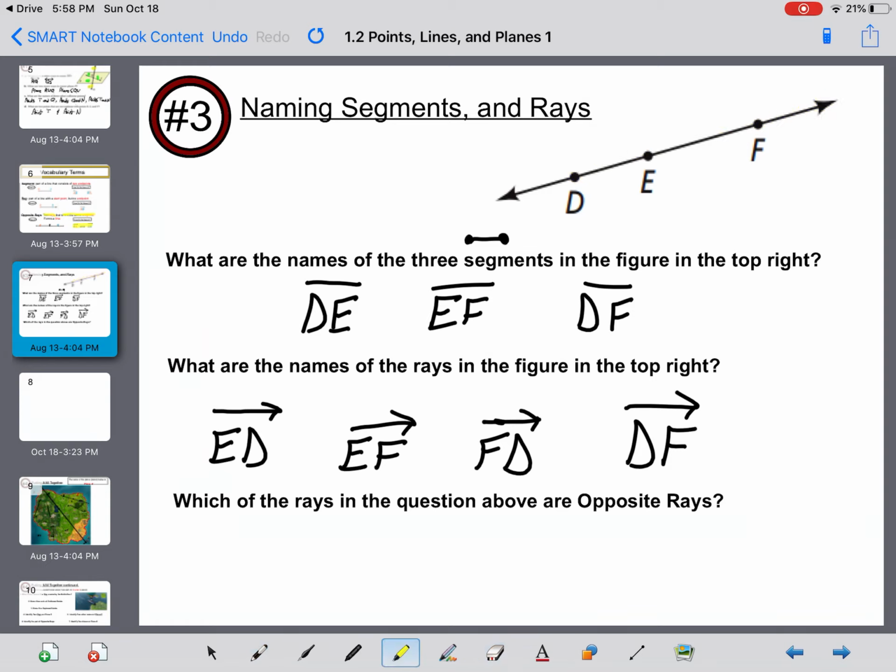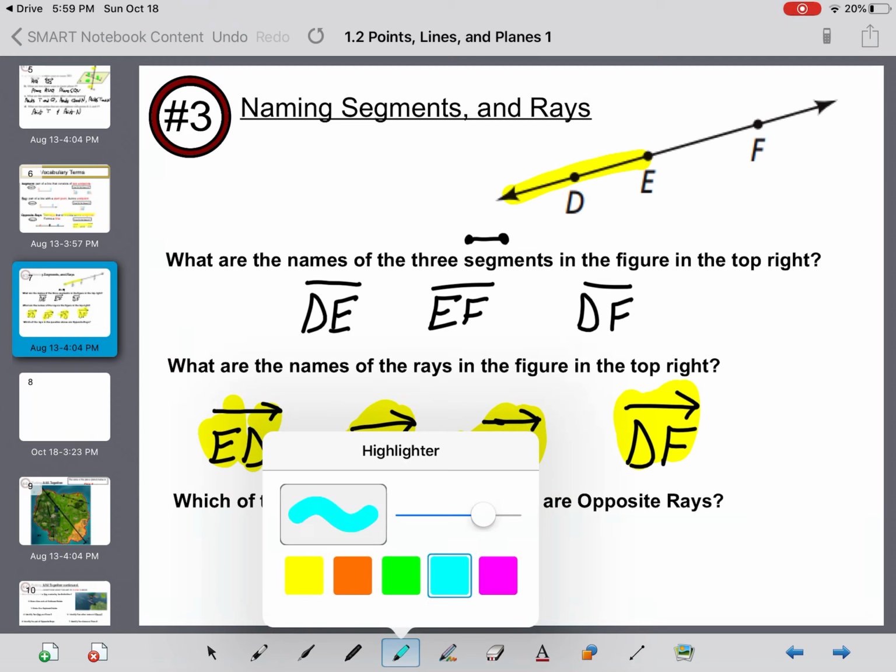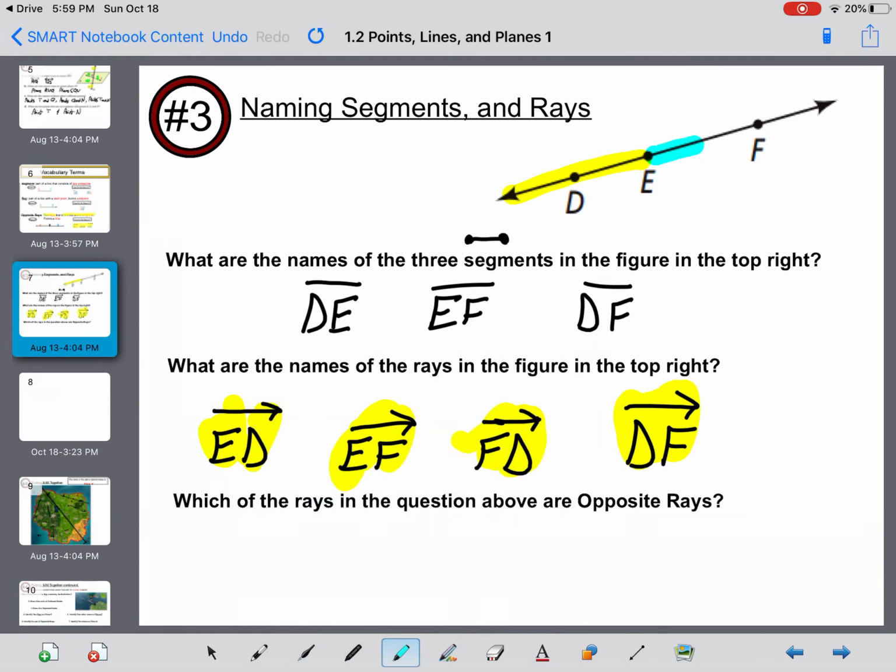So which of these four rays have a point where they meet in the middle? And that would be ray ED and ray EF. Those combine to make a line. So ED and EF. And they share that endpoint of E.